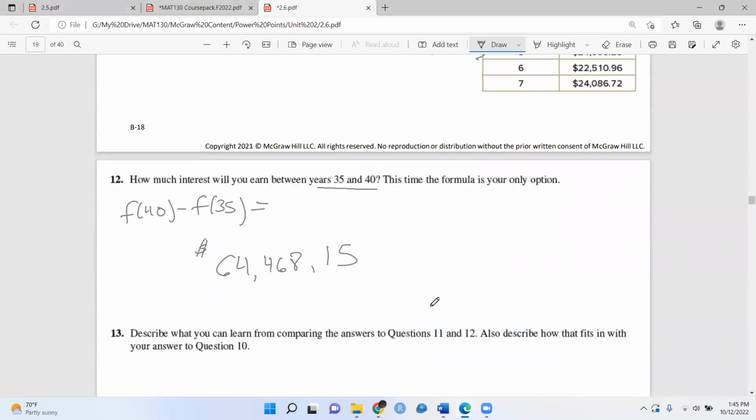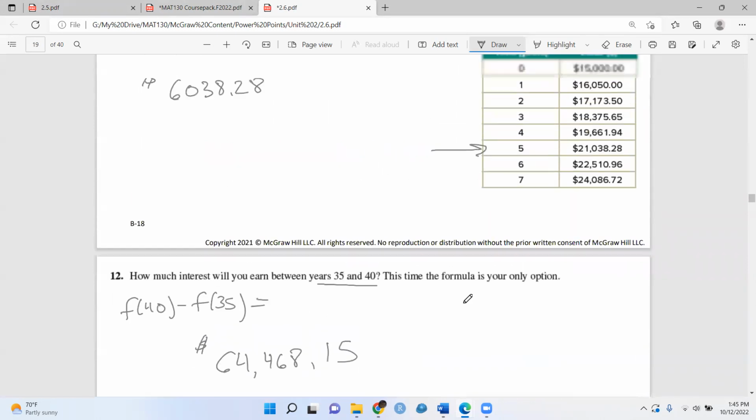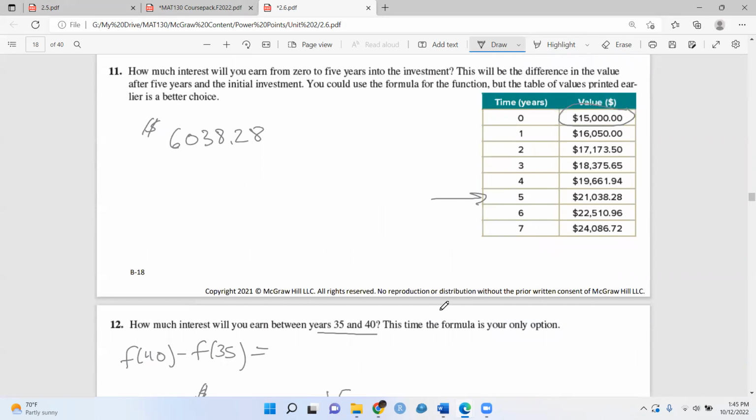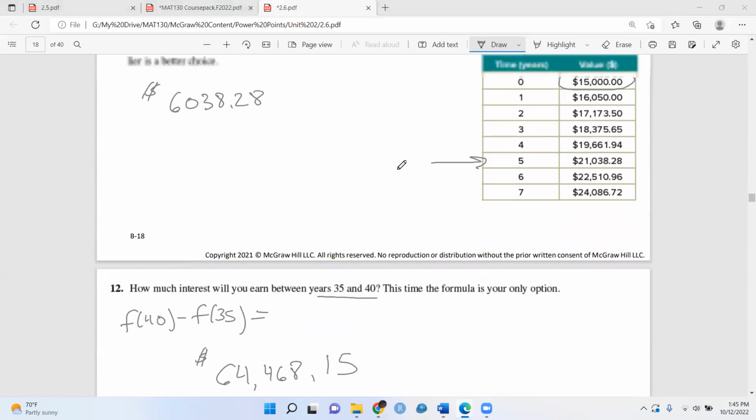Huge difference in earnings. Why? Anyone know why there's so much difference? Is it because it's compounding interest? Yeah. Yep.